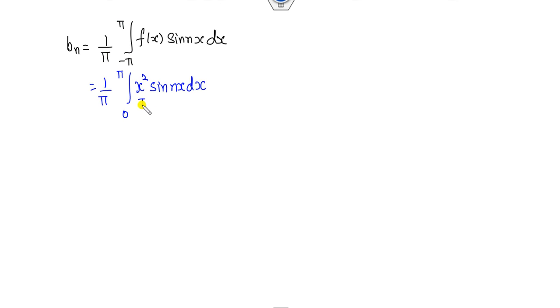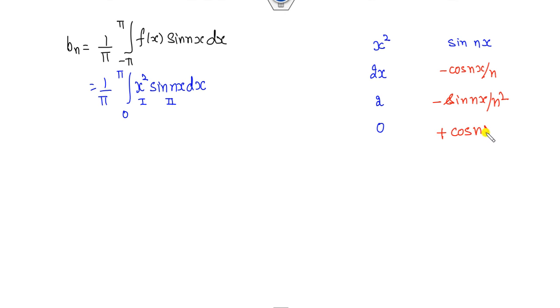Again you can take it as first function, second function. Now take the derivative of this function until it becomes 0 and the integration of this: minus cos nx over n, minus sine nx over n square, and minus minus plus cos nx over n cube.